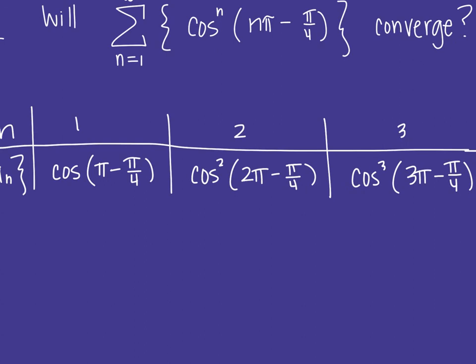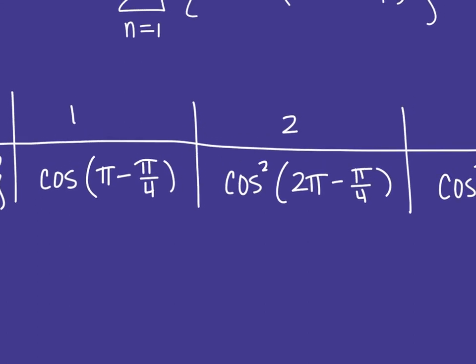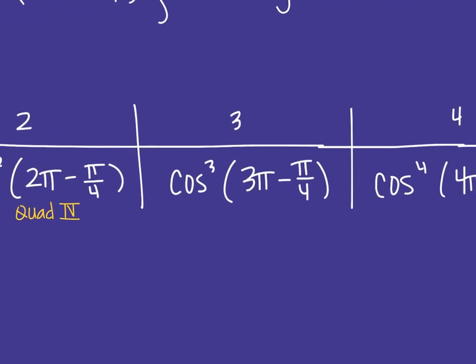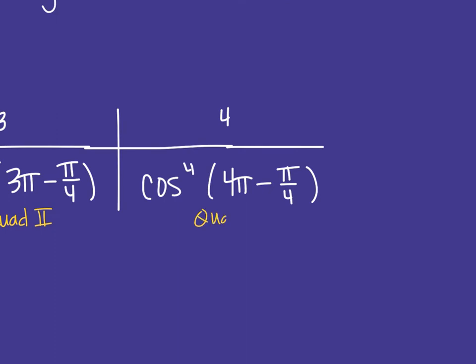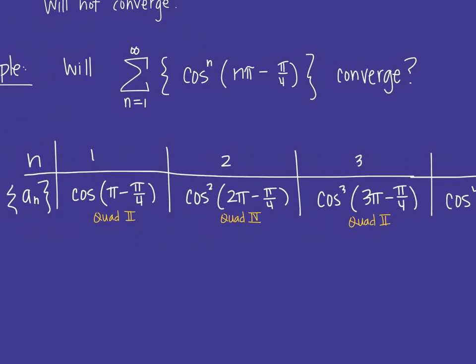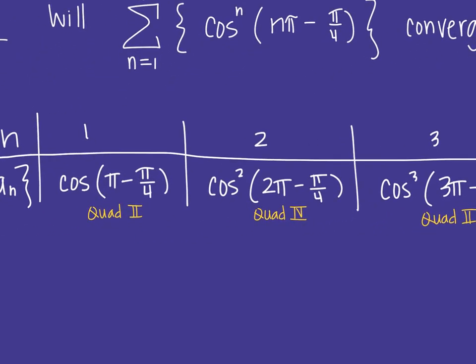It helped me when I was thinking about this question to think about what quadrant I was in. Okay, pi minus pi fourths on a unit circle is quadrant 2. 2 pi minus pi fourths was quadrant 4. 3 pi put me back in quadrant 2. 4 pi put me back in quadrant 4. Just helped me think about that. Okay. All right, what is the cosine when you're in quadrant 2 at basically 3 pi fourths?